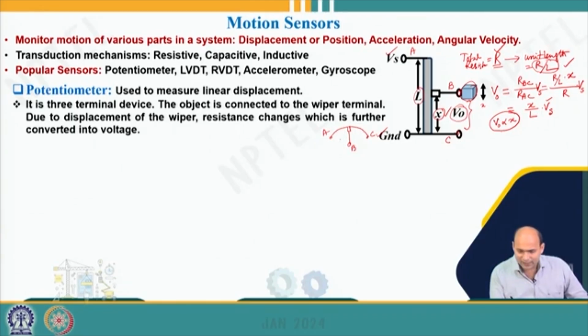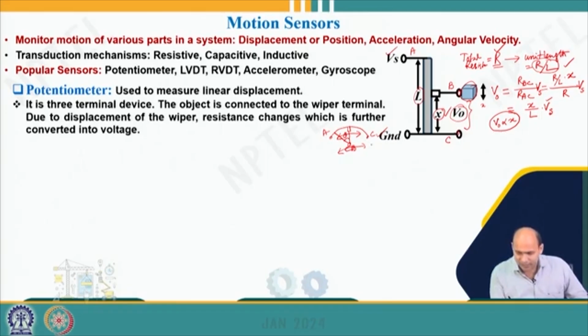In this case the potentiometer, instead of a linear straight line, will be arc shaped, and depending on the movement of the object, which will be moving like this with some angle, the angle will vary. If I consider this angle as theta, then theta will vary, right?